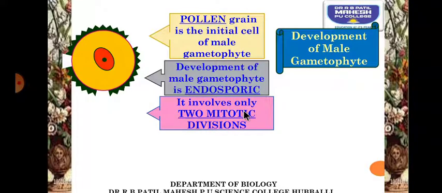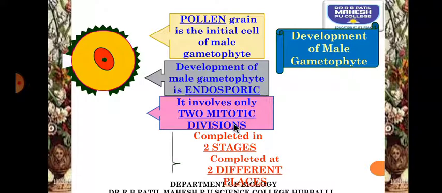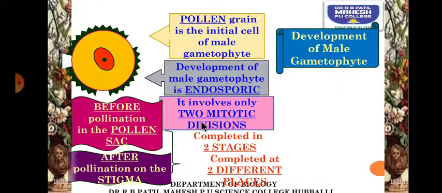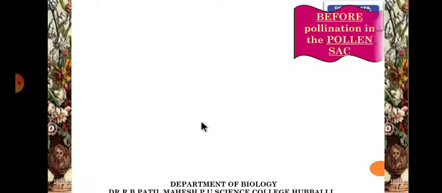It involves only two mitotic divisions which take place in two different places. Before pollination, mitosis occurs in the pollen sac, whereas after pollination, mitosis occurs on the stigma.